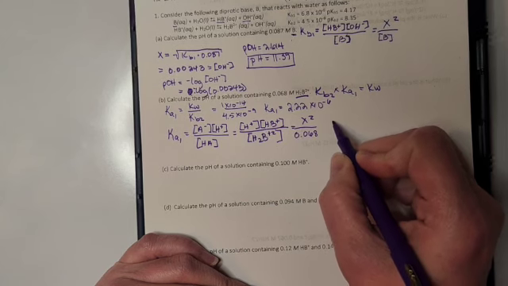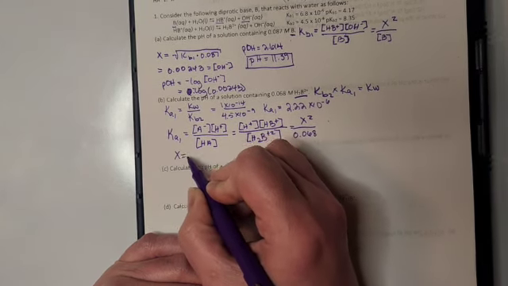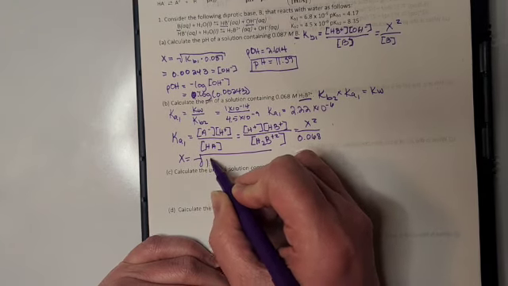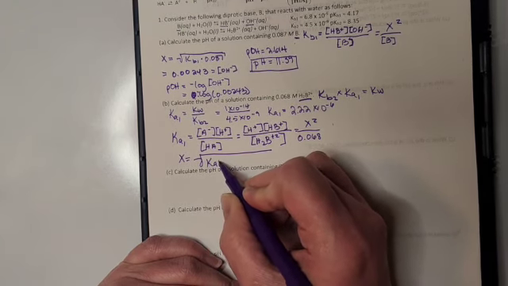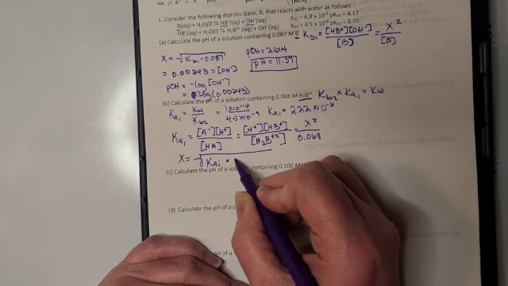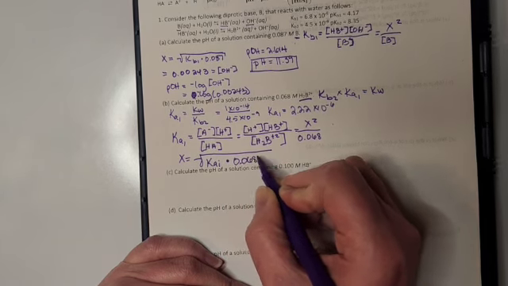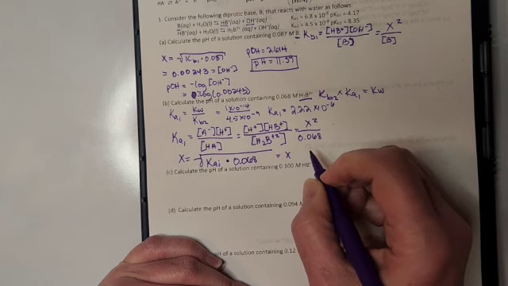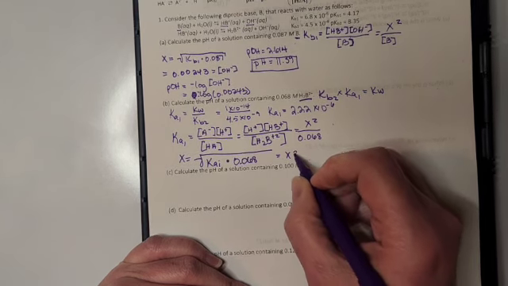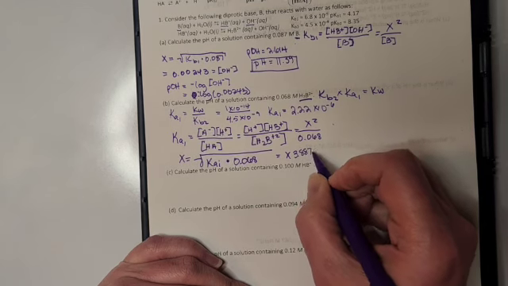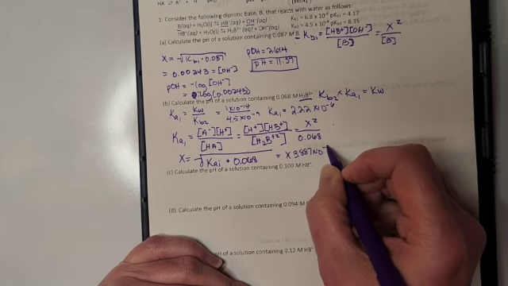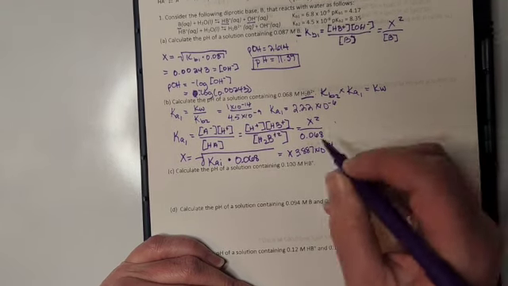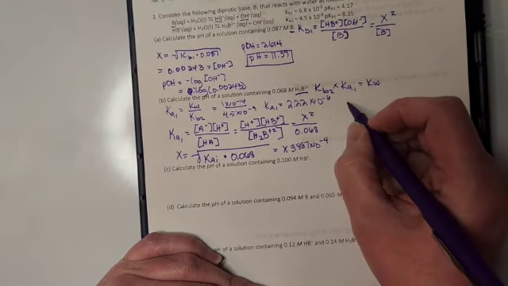So x is going to be equal to the square root of Ka1 times 0.068, and that's going to give us x equal to 3.887 times 10 to the negative 4. That is our hydrogen ion concentration, so we're going to plug that into the pH formula.